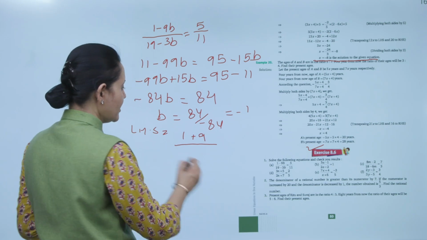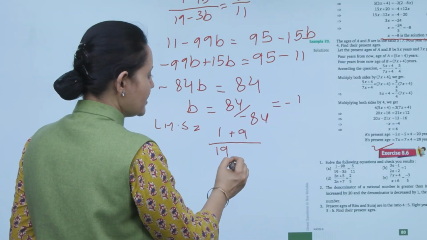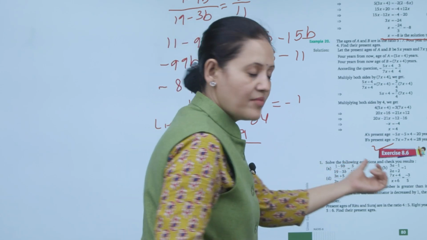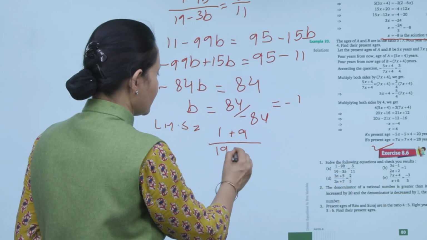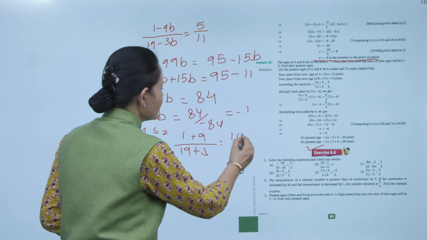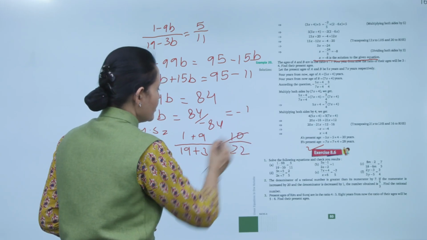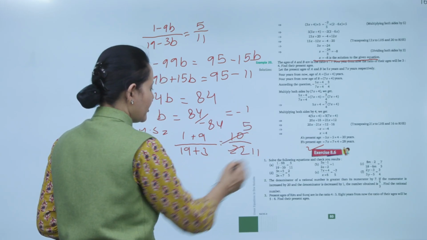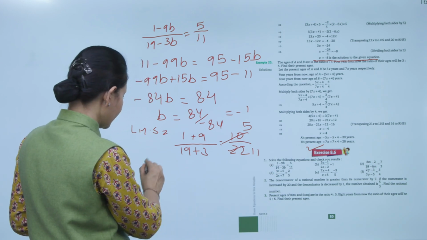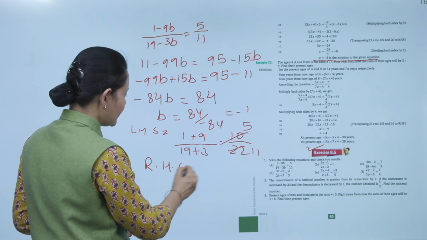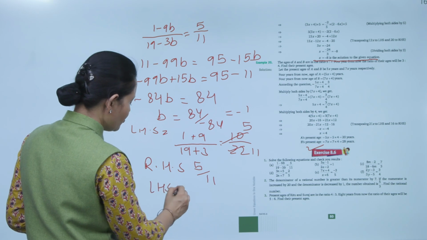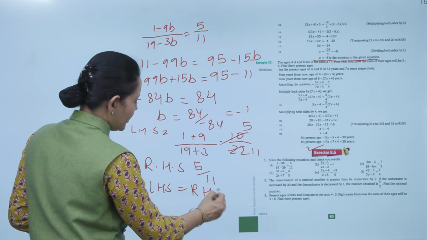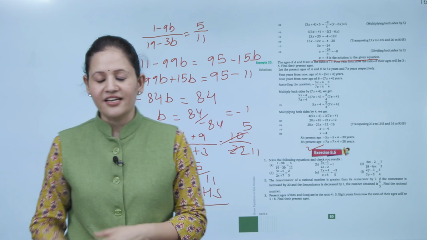So 1 plus 9, then 19, minus 3 multiplied by minus 1, that is plus 3. That is equal to 10 upon 22. Reduce करेंगे, 5 by 11. That is our left hand side. Right hand side is 5 by 11. So LHS equals RHS. That means our solution is correct. Clear?